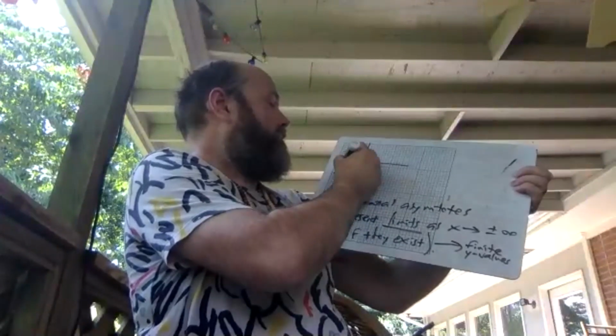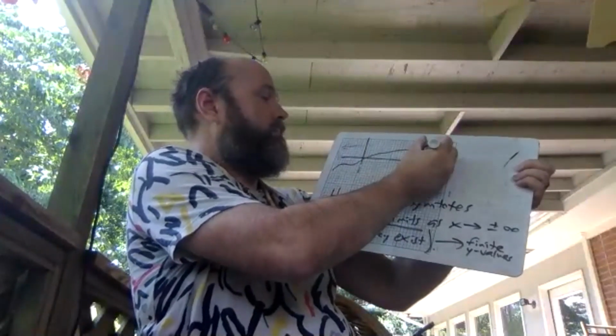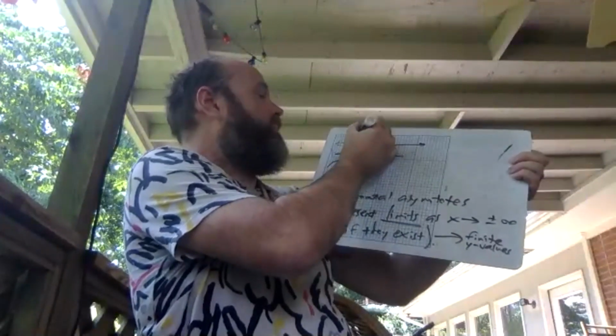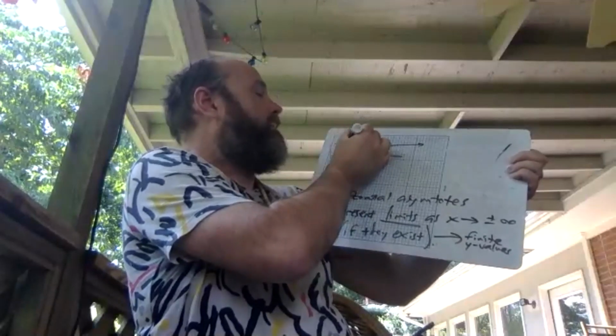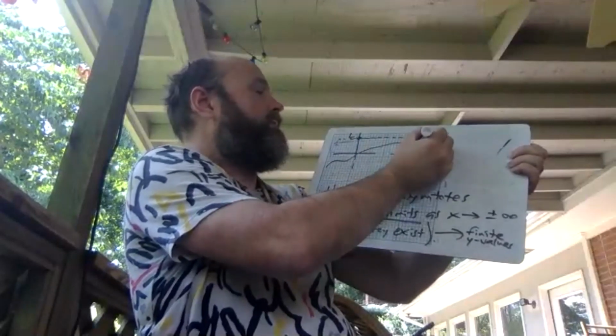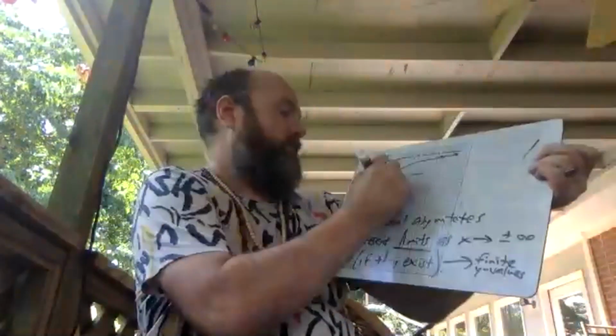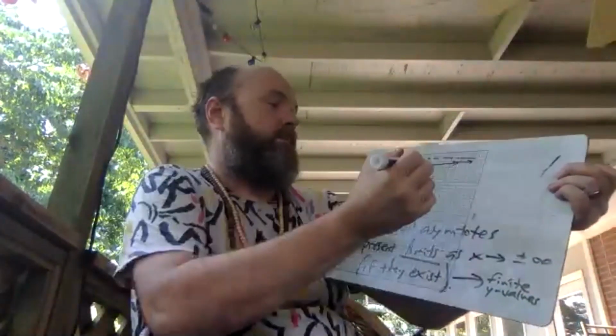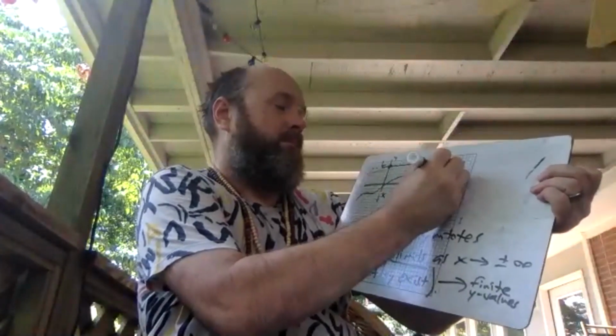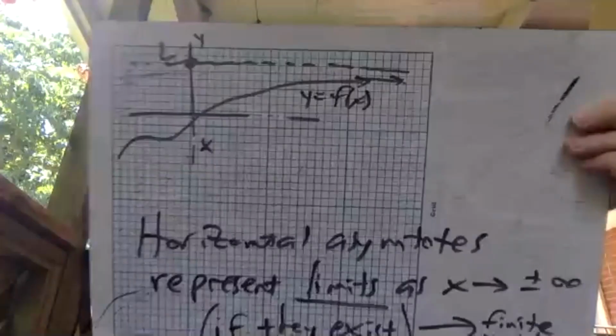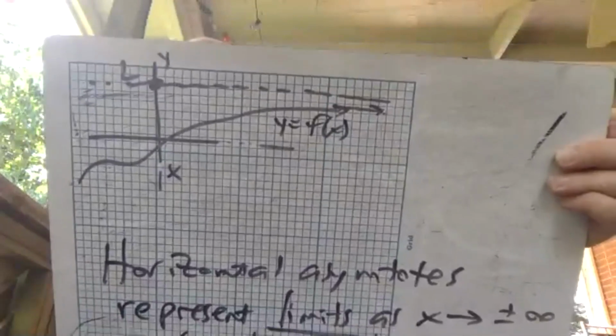Maybe your function's like this, and there's some value here, let's say L. The function grows ever closer to it as x goes to infinity. That would represent a horizontal asymptote.